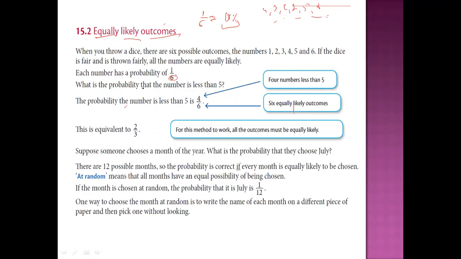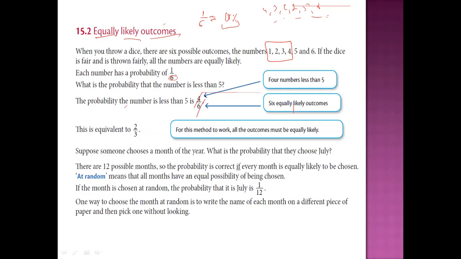And what is the probability that the number is less than 5? Less than 5 means 4 numbers: 1, 2, 3, 4. We have 4 terms. That's why the probability is 4 over 6.